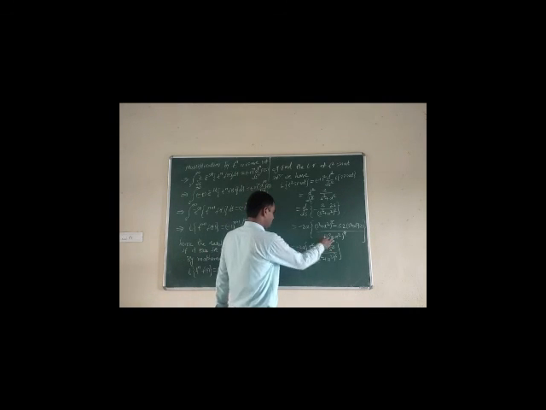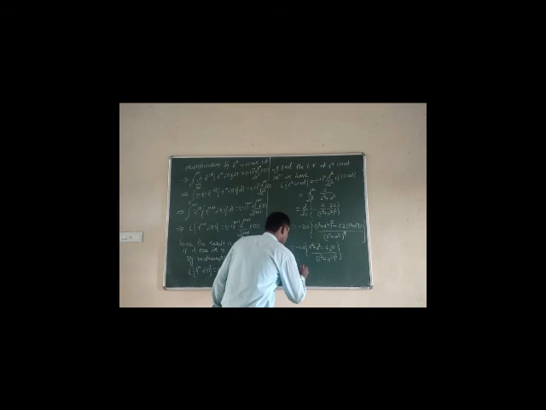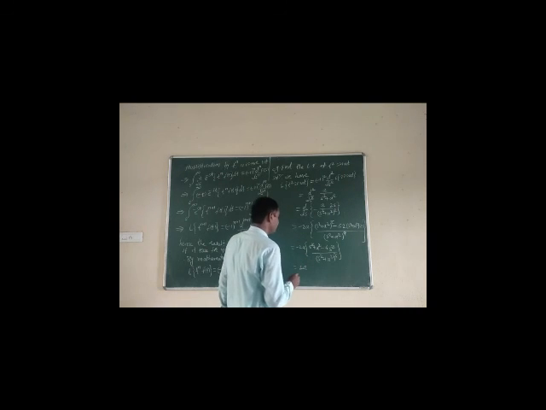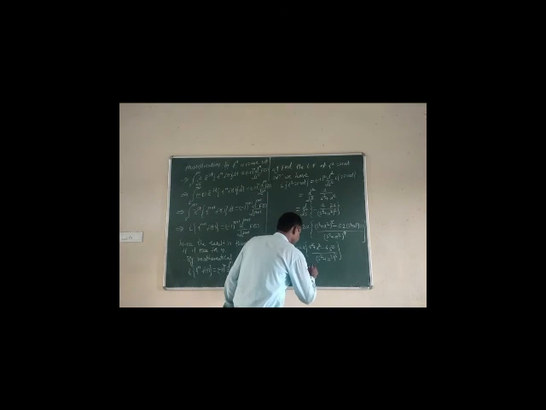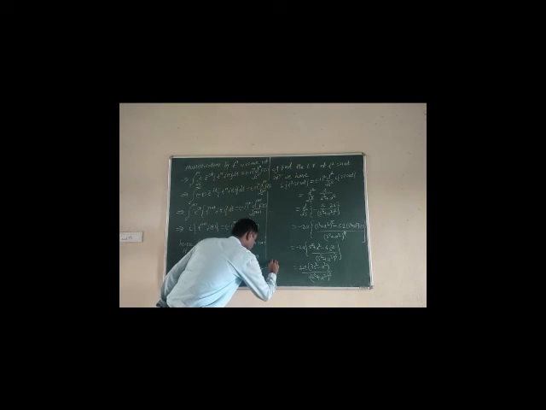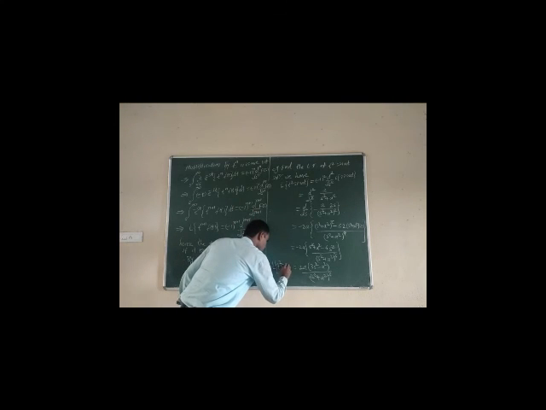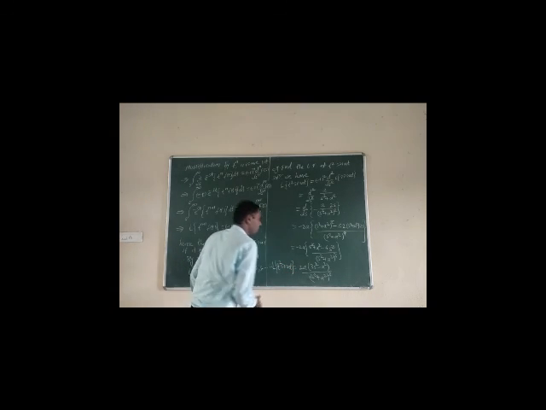If we multiply by the minus sign, what we get? This is 2a into 3s square minus a square divided by s square plus a square whole cube. This is the Laplace transform of t square into sin at.